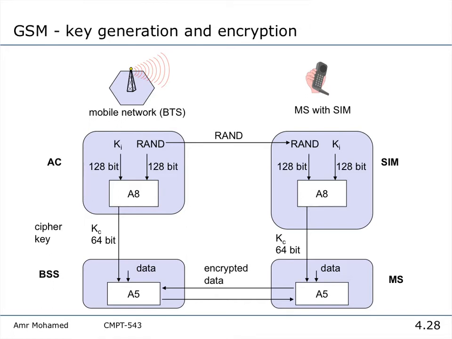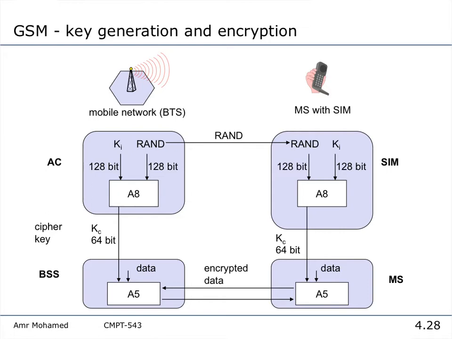So if the cipher key is known, then the encryption can be broken. In order for you to know the cipher key, you have to know A8, which is supposed to be secret, but assume that even if you know it, you have to have the KI, which is an individual key inside the SIM, so you're not supposed to know that. And you have to have access to the random number as well.